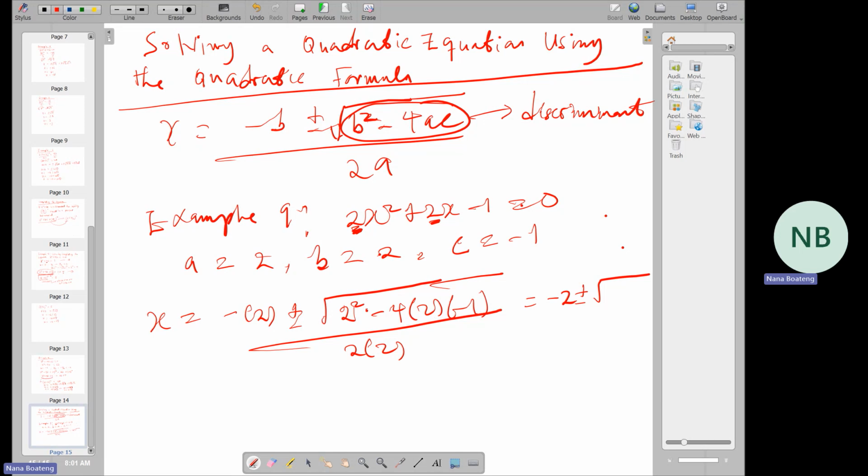So this is 4 plus 8, divided by 2 times 2, which is 4. So x is equal to -2 plus or minus square root of 12 divided by 4.